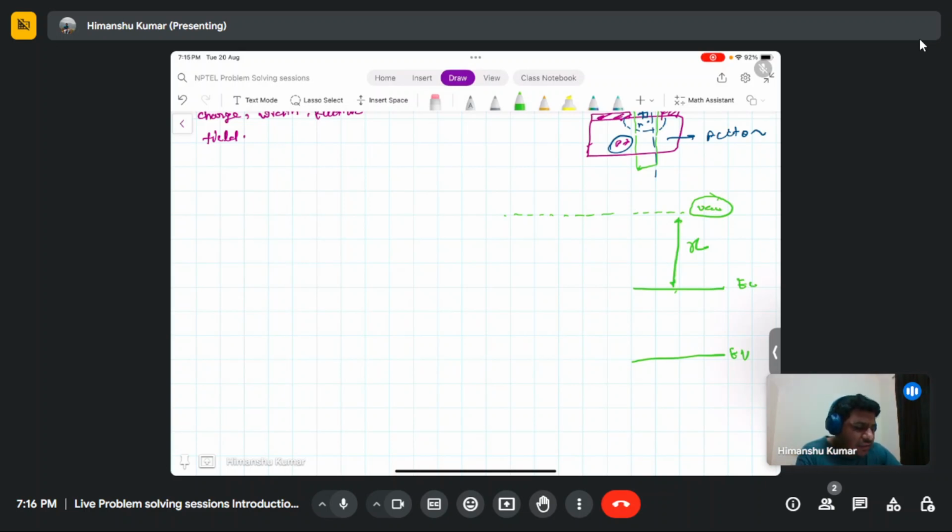But we doped one as p type and the other as n type. The p type one will have the Fermi energy level closer to the valence band, and the n type will have the Fermi energy level closer to the conduction band. The intrinsic energy level, EI, will lie typically at mid band.